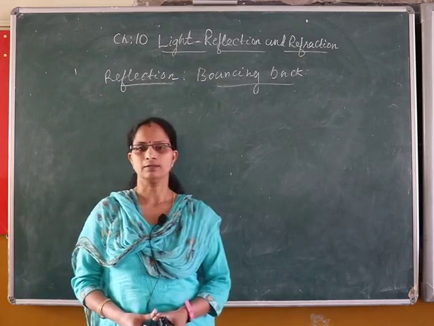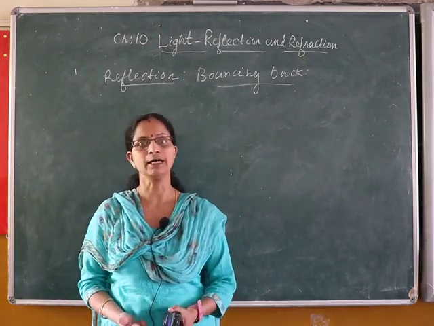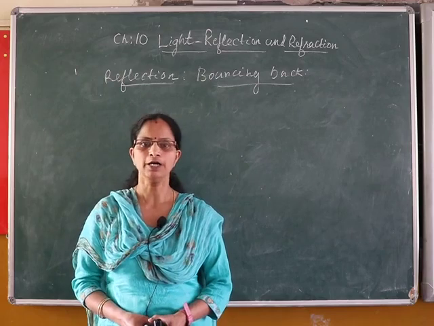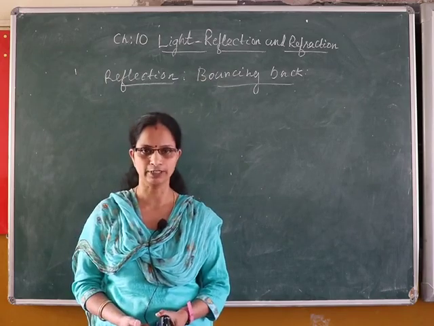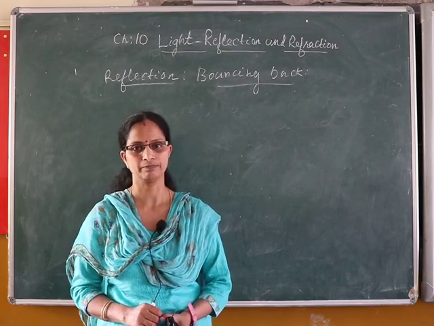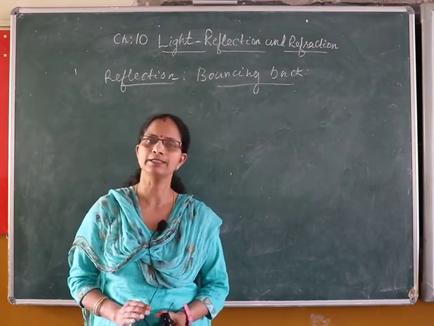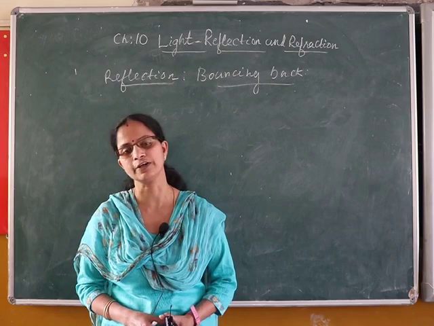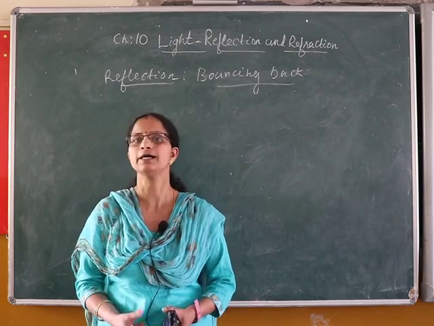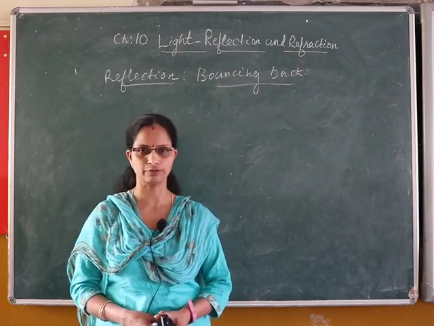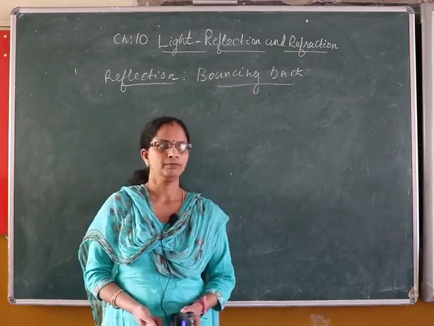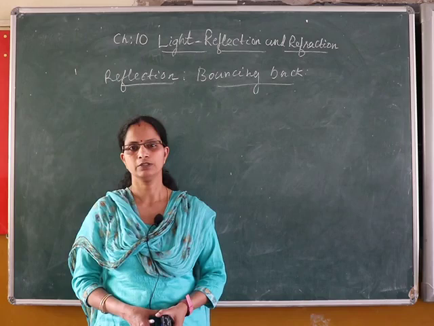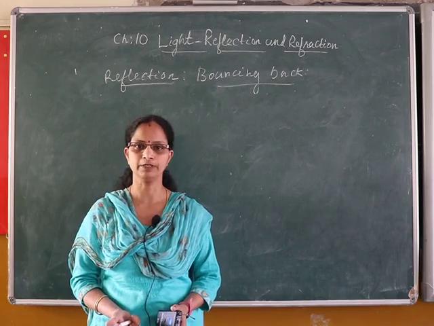Now, a mirror is a highly polished surface, and when light strikes a mirror, most of the light falling on that surface gets bounced back. So, most of the light gets reflected back when striking a mirror because it is a highly polished or smooth surface. Then, in our previous classes we studied about mirrors.